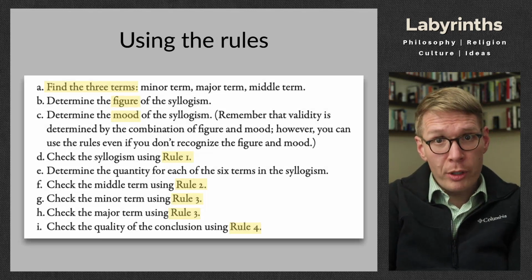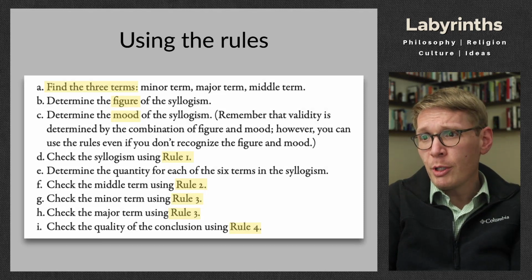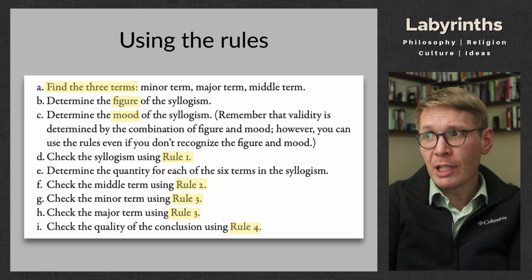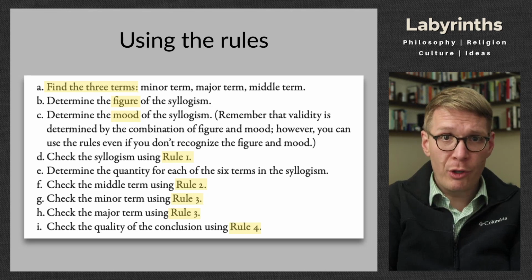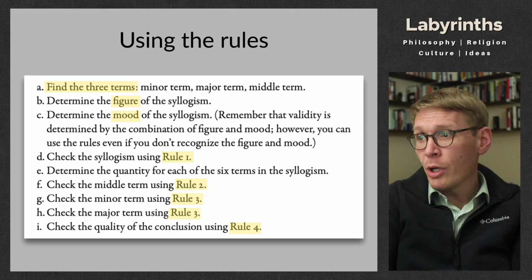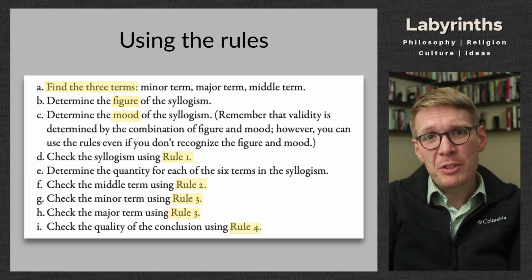In Hauser's work, Logic as a Liberal Art, which is serving as our guide in this series, he provides a longer list of how to assess any given argument, that is, any given categorical syllogism, by finding the terms, as we discussed last time, finding the figure and mood, as we discussed last time, and then applying the four rules in various ways. So I've highlighted on our slide here a basic structure of this list of steps. If you'd like to assess any categorical syllogism, this is the way to do it.